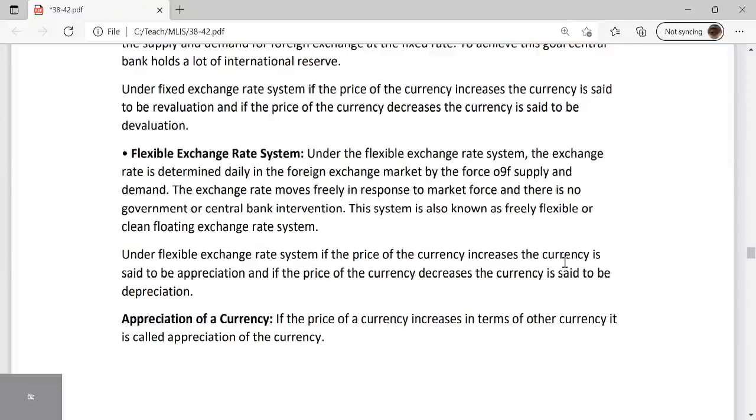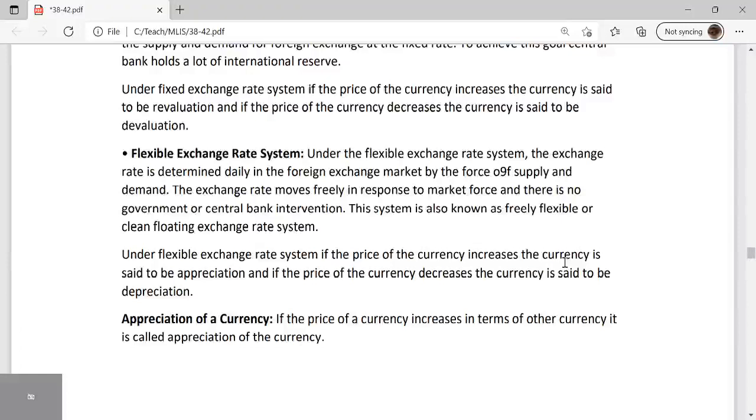The exchange rate moves freely in response to market forces, and there is no government or central bank intervention. This system is also known as the freely flexible or clean floating exchange rate system. Okay, because it's freely floating by the mercy of demand and supply.